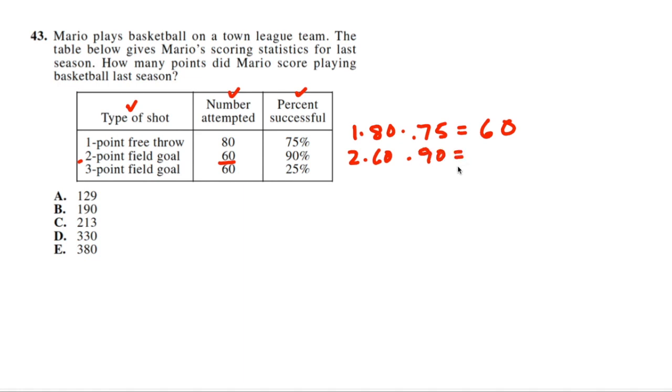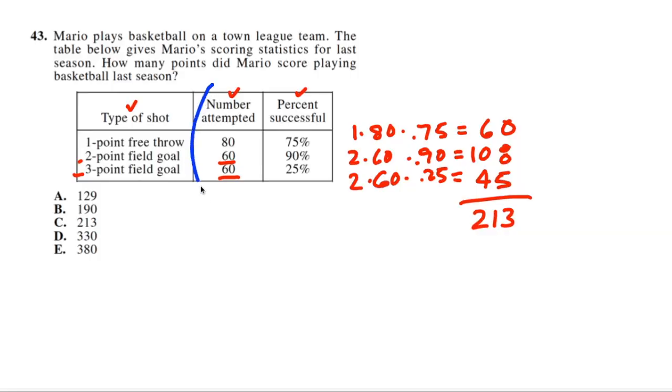And that is 2 times 60 times 0.9, or 108. 3 points, 60 attempts, with only a 25%, I forgot my decimal on the 90, is equal to 45. So now we just add up 60 plus 108 plus 45 is 213.